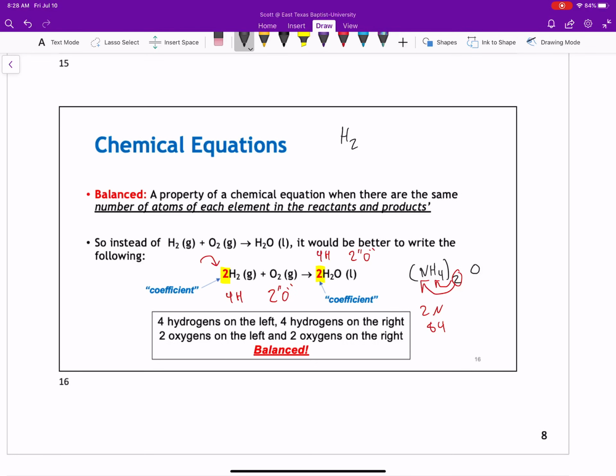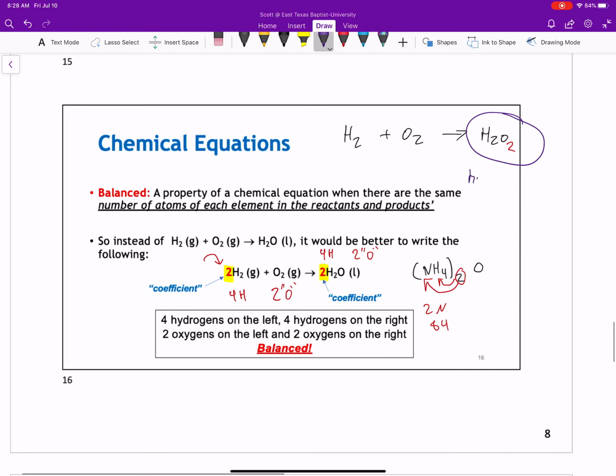Let's say I gave you H2 plus O2 going to H2O, and you realize that there's 2 H's and 2 O's on the left-hand side and 2 H's on the right, but only 1 O. You are not allowed to do this just to keep it balanced. Don't ever do that, because what you just did is you changed the identity of this compound.